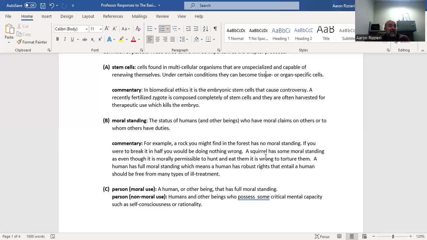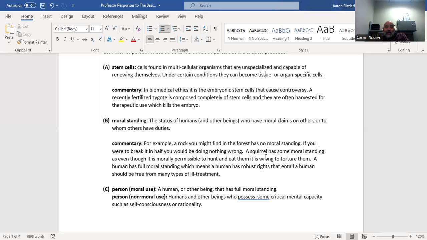The rock's not conscious, so there's no sense in which the rock cares what happens to it. So there's no reason for you to care what happens to that rock. So it has no moral standing. Nothing's at stake in terms of the health and well-being of the rock. A squirrel has some moral standing, as even though it is morally permissible to hunt and eat them, it's wrong to torture them.